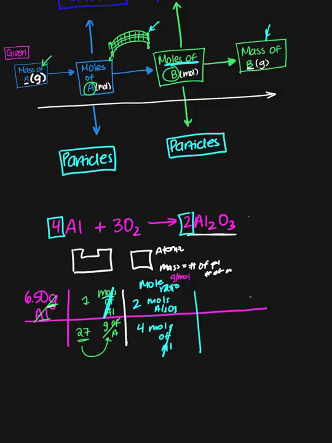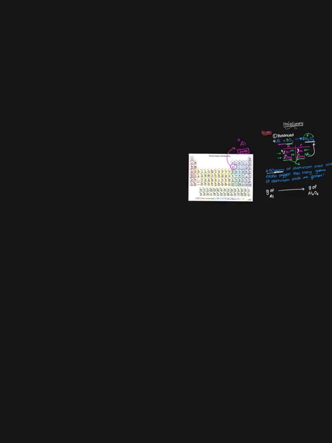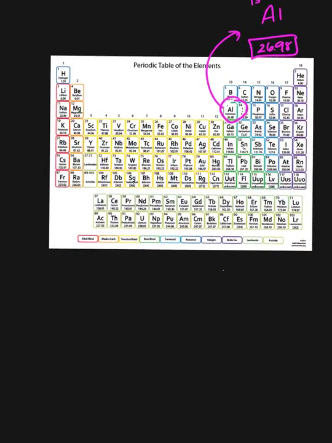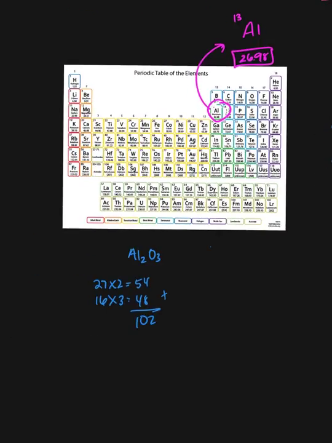In order to get the grams of aluminum oxide, we have to once again go back to our periodic table. We have Al2O3, so the atomic mass of Al was 27 times 2, and then we have oxygen, which is 16 times 3. So we end up with 54 plus 48, which is 102. So 102 grams per 1 mole.